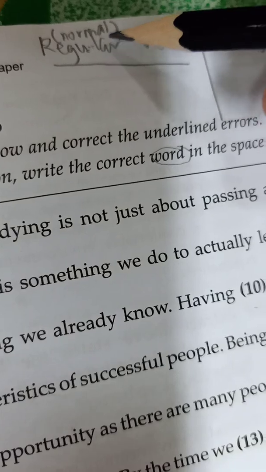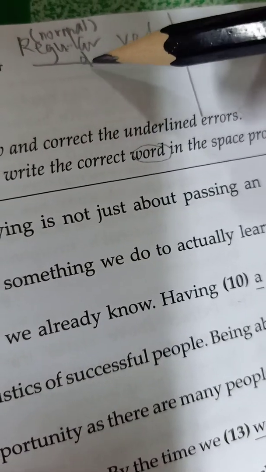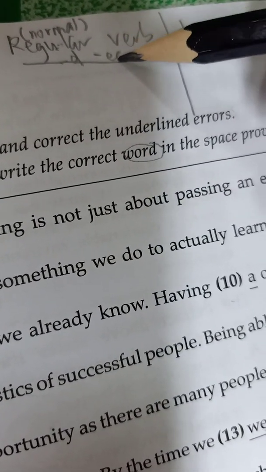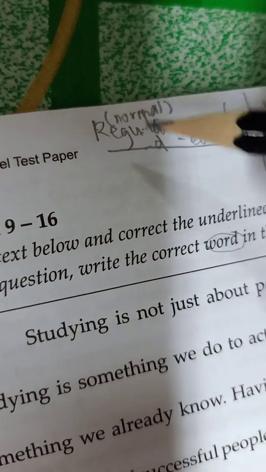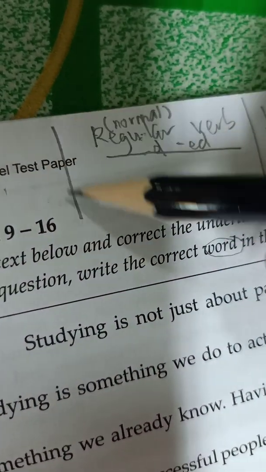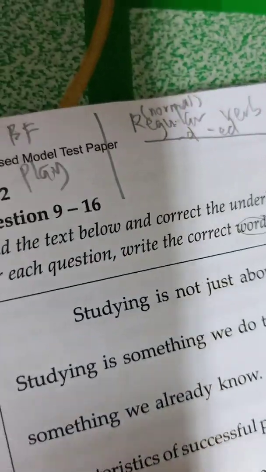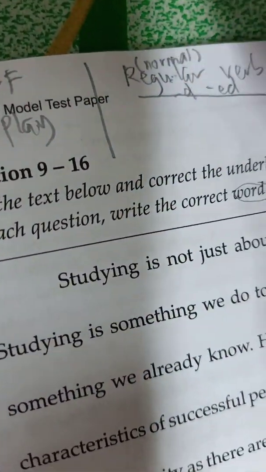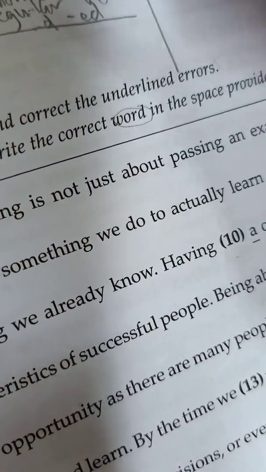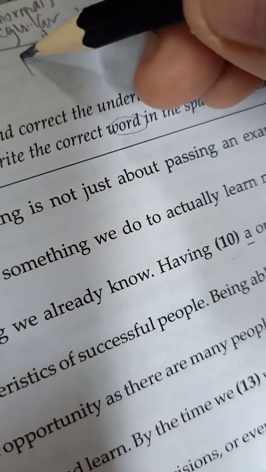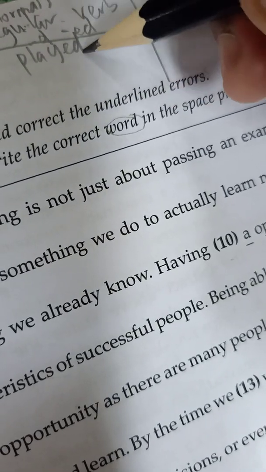For regular verbs, you add d or ed to the word. For example, the BF is play, so the past tense for play is played. And the past participle for regular verbs is also played.